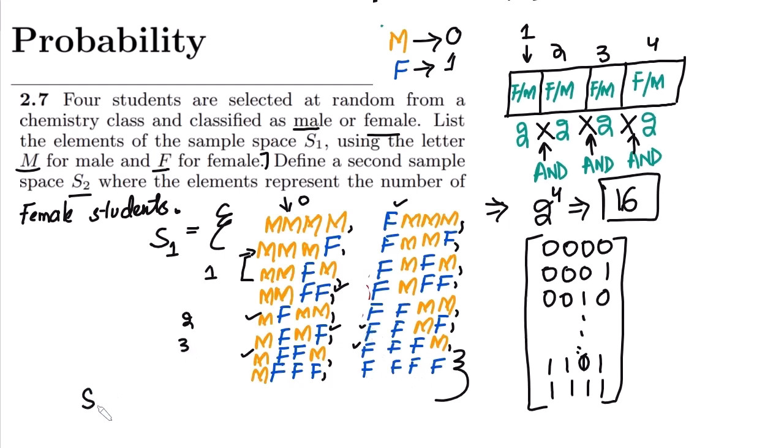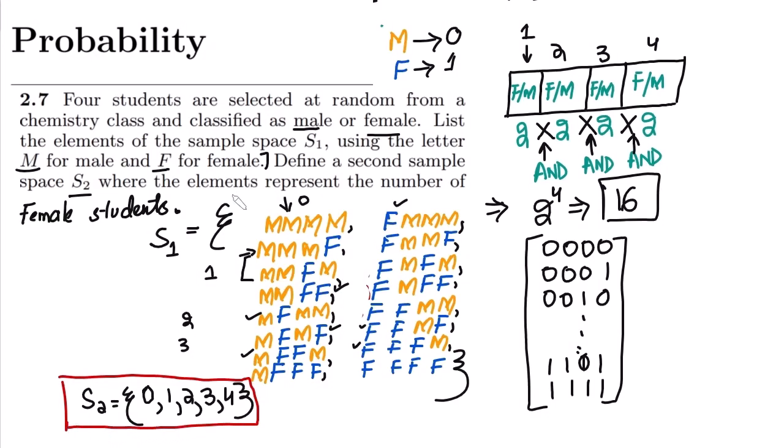So as asked in the second part of this question, I may have 0, 1, 2, 3, or 4 females, and that is S2, and that is also the answer of the second part of my question.